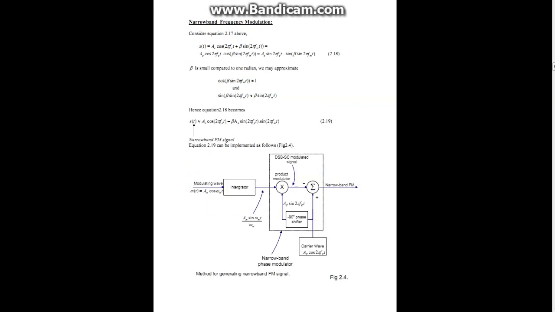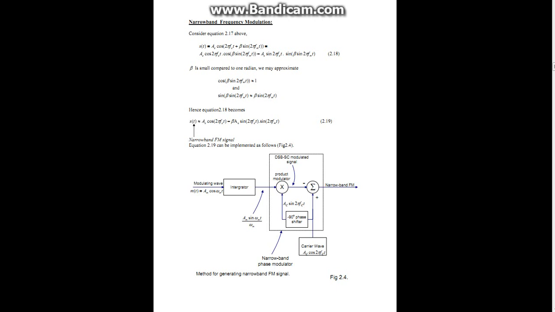First we are going to describe the fundamental concept of narrowband frequency modulation with the help of mathematical explanation. Before this, we obtained the FM signal equation s(t) = Ac cos(2π fc t + beta sin(2π fm t)).